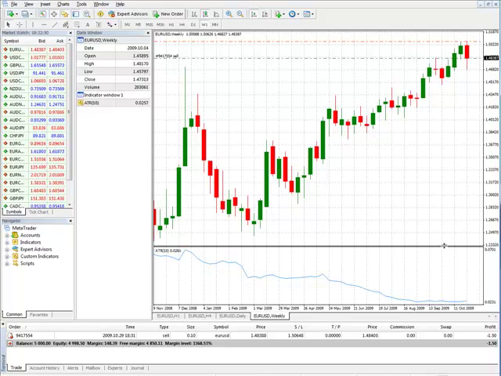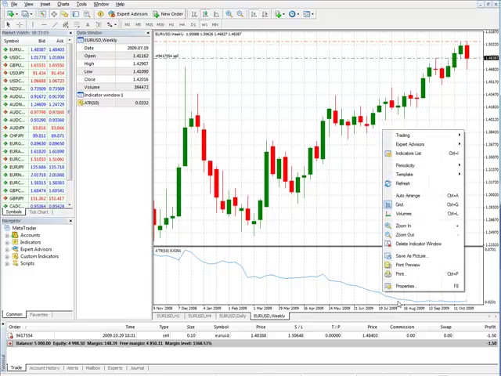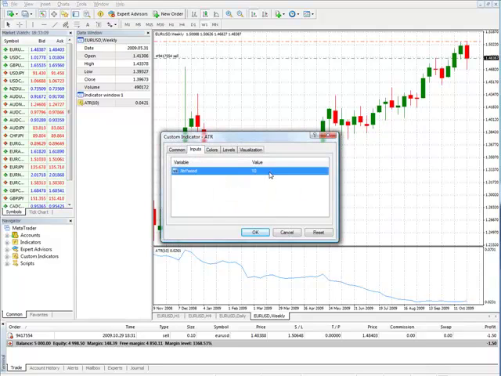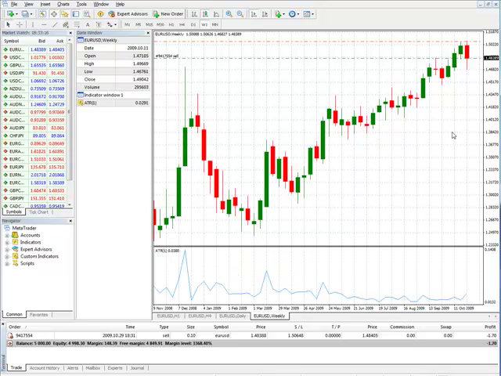Okay, so here's a way to determine range too when you're looking for places to set your stops. You go to ATR down here, go to your indicator list. There's ATR, and set that period to 1, like so.